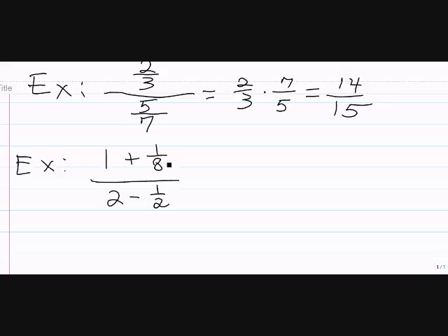So 1 plus 1/8, I got to go back to my elementary school mathematics. That 8/8 plus 1/8 is 9/8. Oh, back to the first problem? Okay.